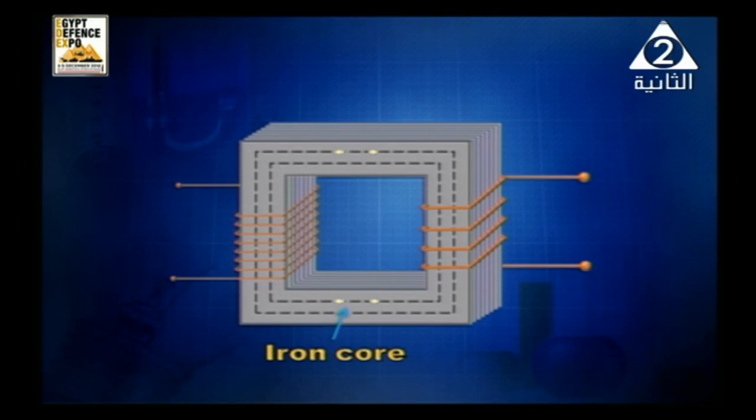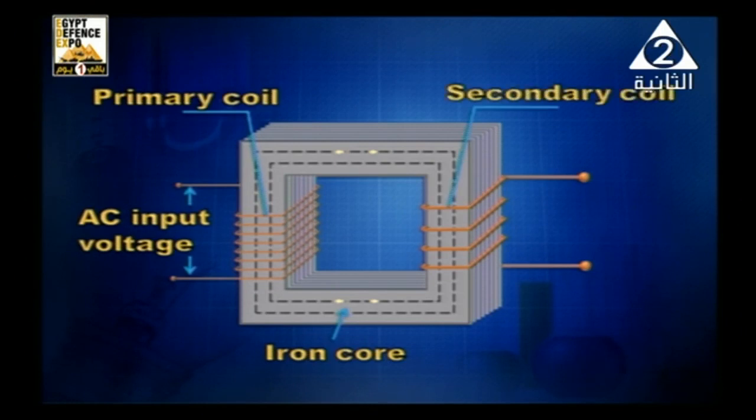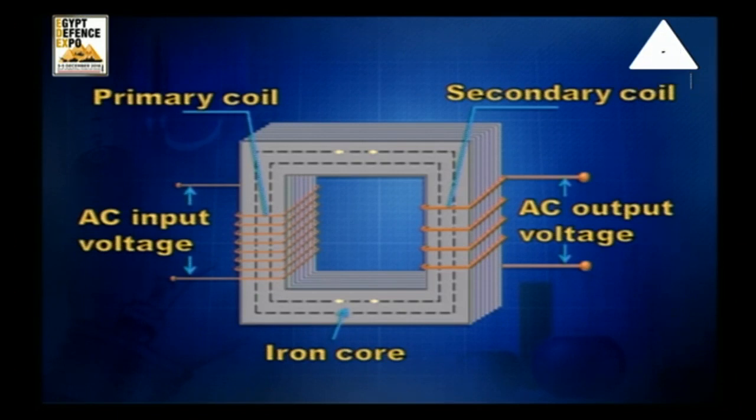Then a primary coil connected to the mains, and a secondary coil connected to the device. We want to change the potential for it. So the three major components of the transformer are the primary coil, the secondary coil, and the two coils are wound on a core made of soft iron and should be laminated.